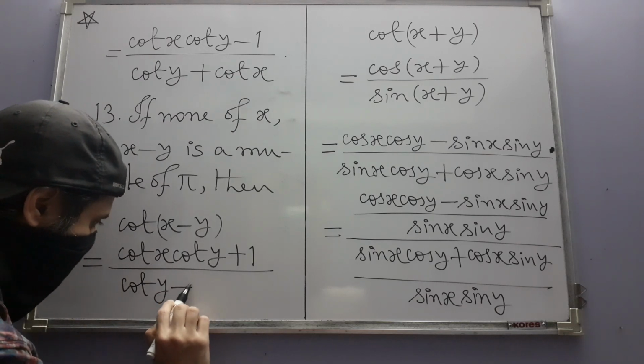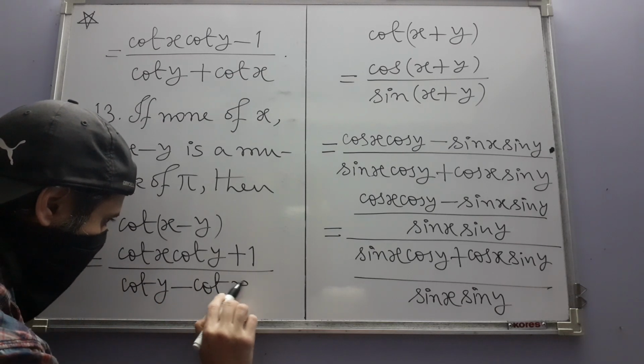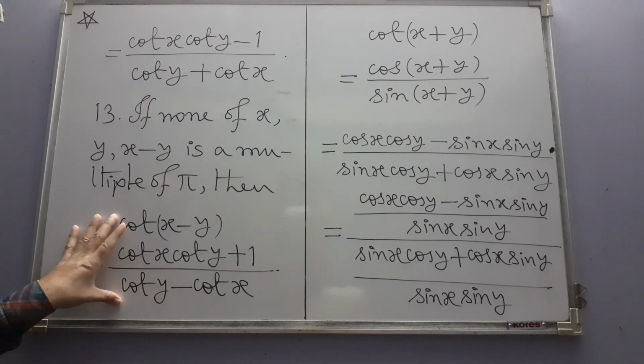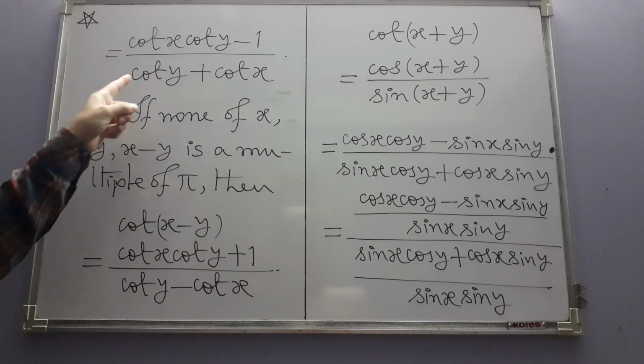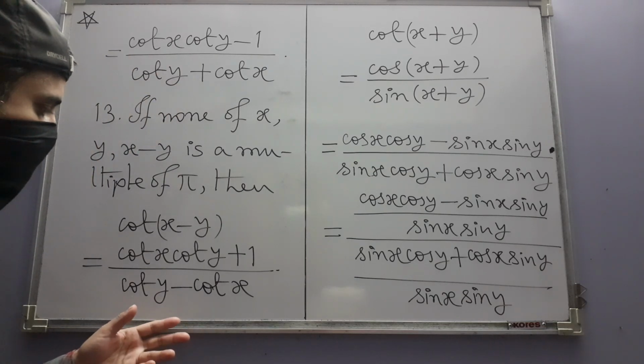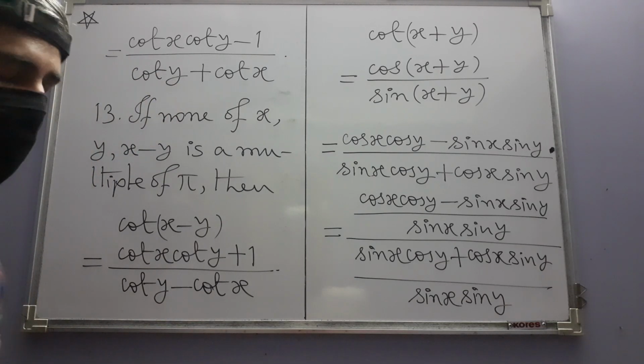Cot y minus cot x. To have some kind of symmetry between this formula and that one, we write cot y here first, so that it becomes easy to remember both of them.